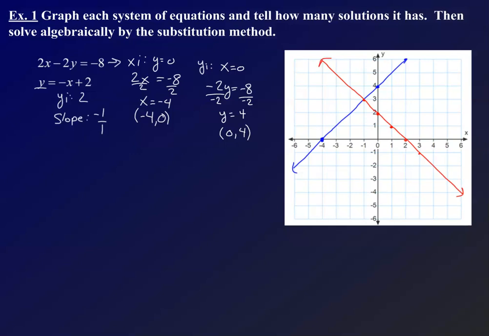Okay, and so then graphically, if we look at this, we have an intersection point at negative 1 comma 3, and so we have one solution.